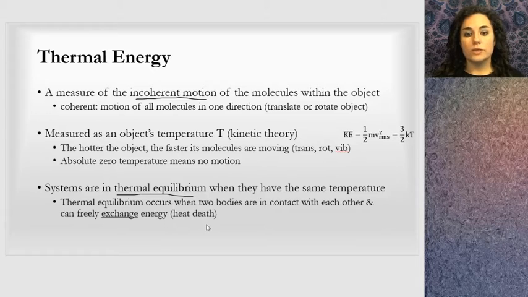And this is what is meant by the idea of heat death. If you've heard of the theory of the heat death of the universe, it makes it sound like there's no more heat in the universe, but what it means is that all of the energy in the universe has become uniformly distributed across it so that all molecules are on average moving at the same rate.